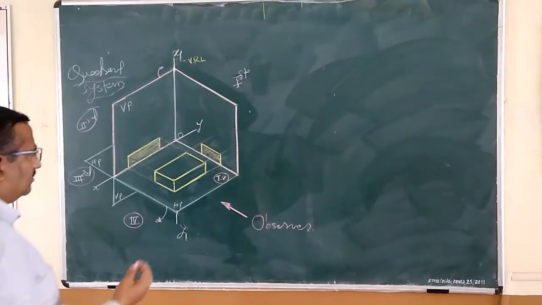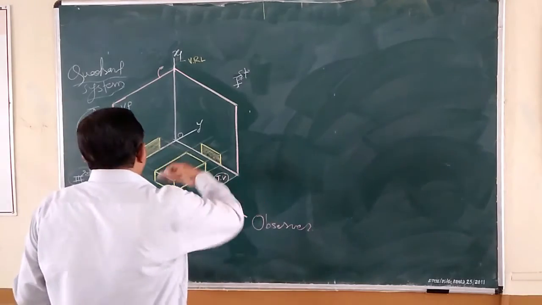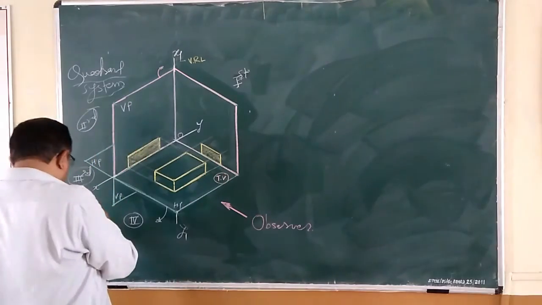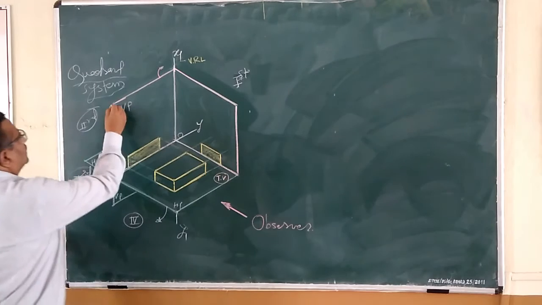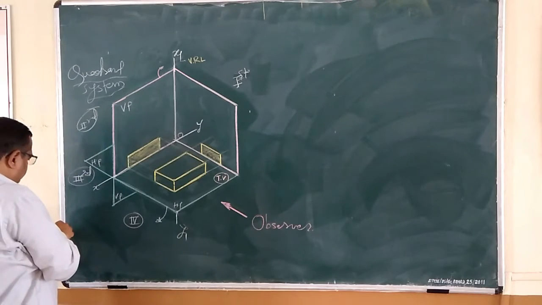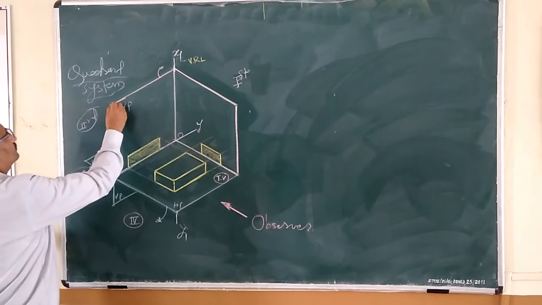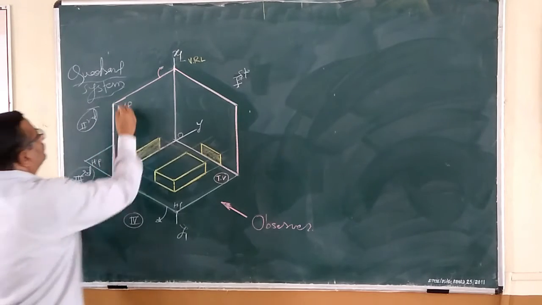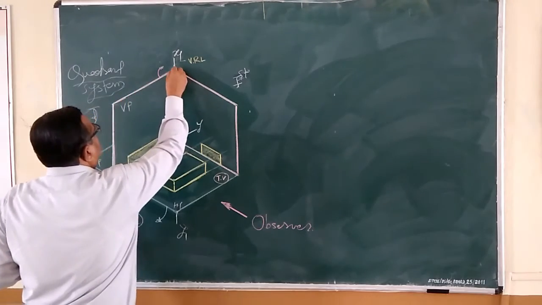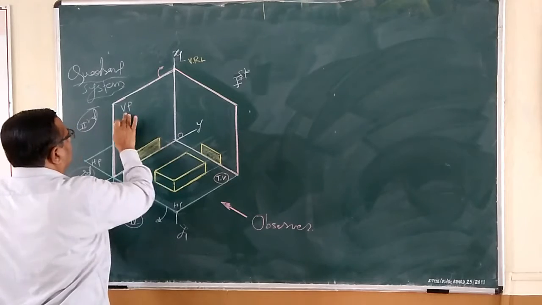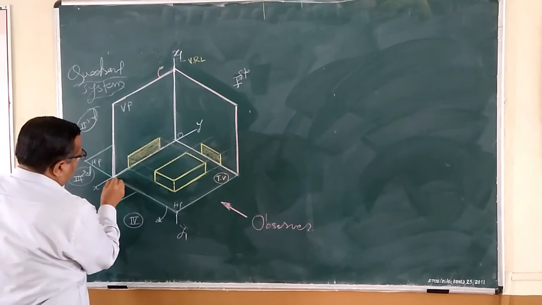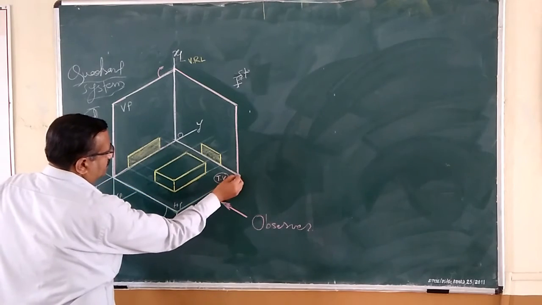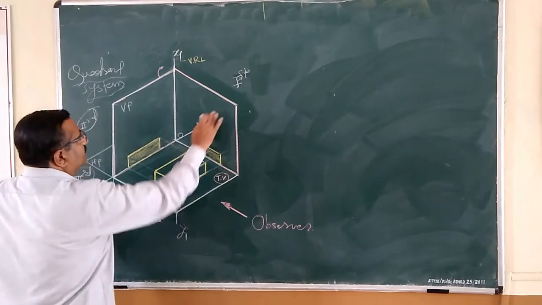Now in this case the observer has to observe this figure from his right hand, in the direction of the right hand. This is the vertical plane. This is the horizontal plane. This one is the profile plane.